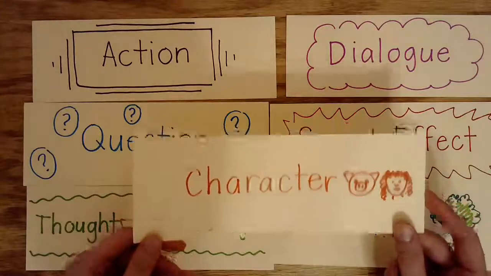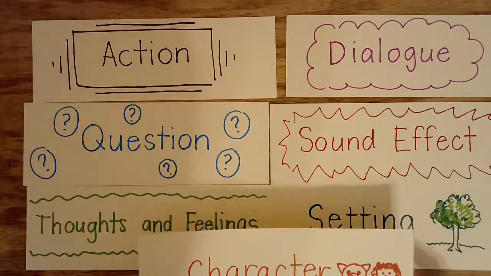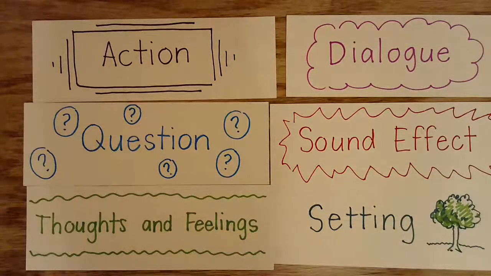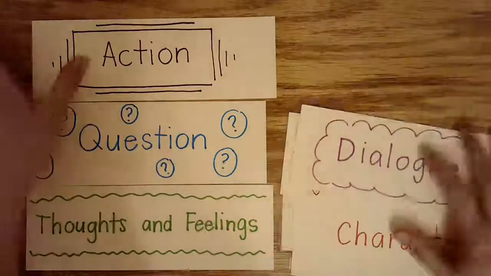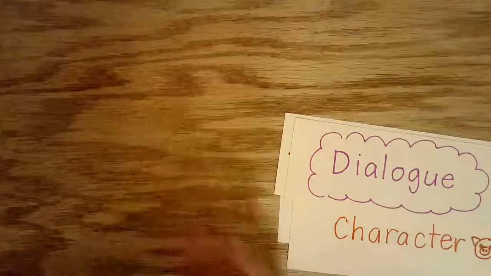So all these are ways to start a story. There's so many different ways, and it can be fun to learn how to use each one of them. So what I would like to do is see if you can figure out, when I read the beginning of some of these stories, what strategy or what writing technique the author used.